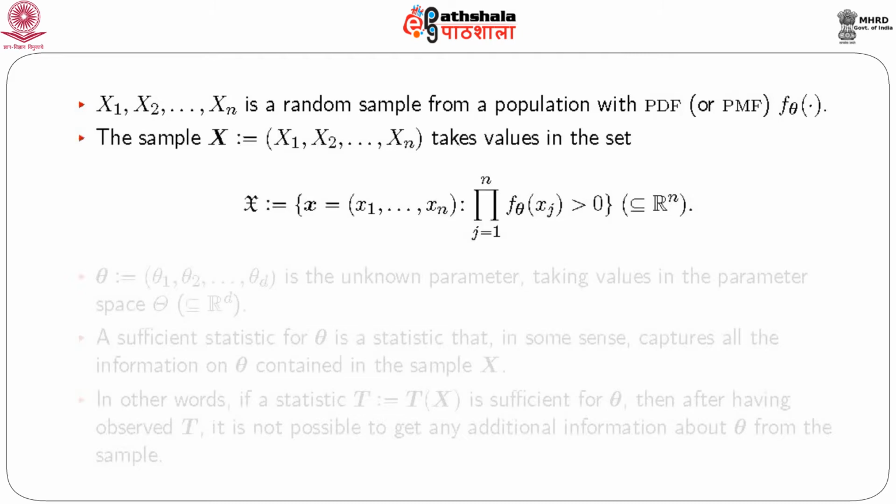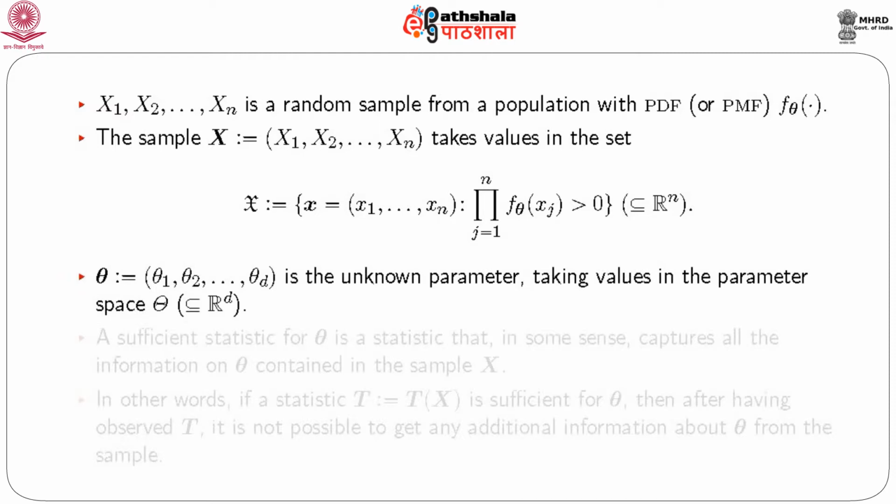The sample can be represented by a vector x equals (x1, x2, ..., xn) that takes values in the set script X equals the set of all small x1, small x2, ..., small xn such that the product over j from 1 to n of f_theta(xj) is greater than 0, that is, the joint PMF or the joint PDF is greater than 0. Here theta is the unknown parameter.